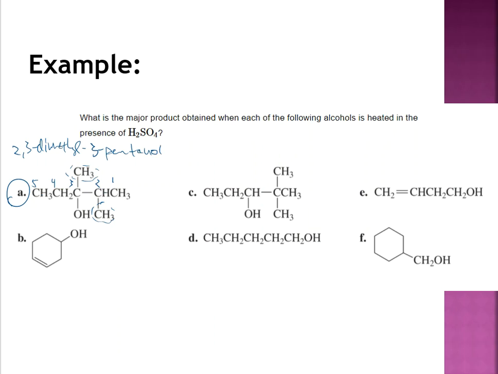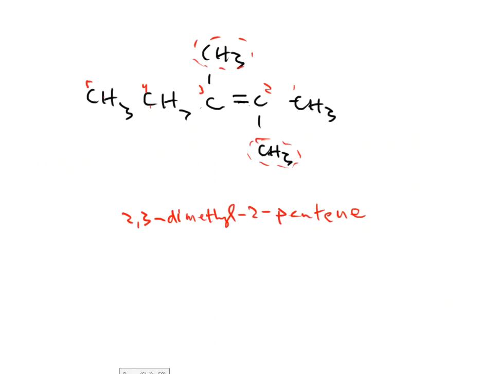When the elimination goes forward, the alcohol group and a neighboring hydrogen will be removed, and that will form a double bond, an alkene, as a product. That alkene that's formed is 2,3-dimethyl-2-pentene. Look at that. That was beautiful, wasn't it? Oh, that was music to my ears.